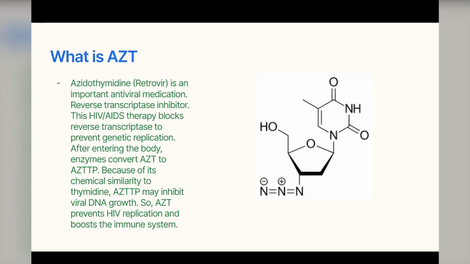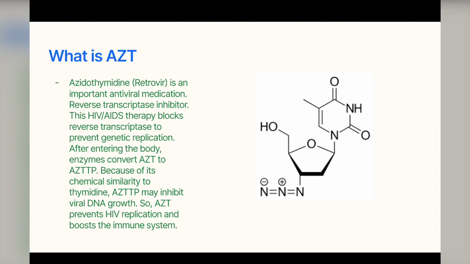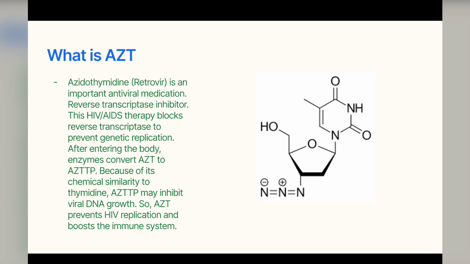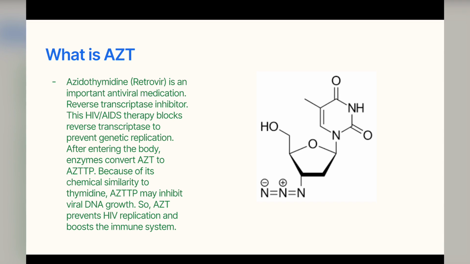So what exactly is AZT? It is the antiviral medication known as Retrovir AZT, and it is used to treat HIV/AIDS. In order for HIV to convert RNA to DNA, an enzyme called reverse transcriptase is required. By blocking the activity of that enzyme, AZT halts the propagation of the virus. Once AZT enters the body, cellular enzymes convert it to its active form, AZT triphosphate.